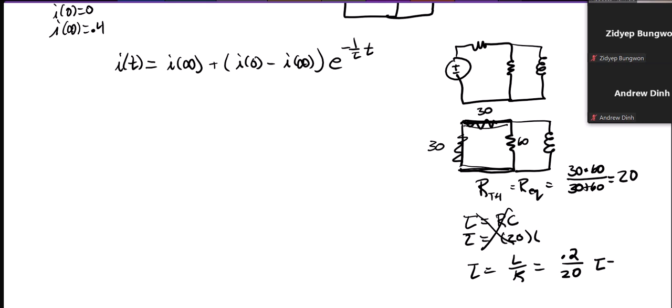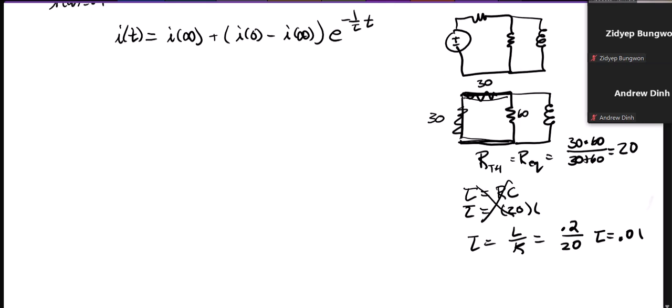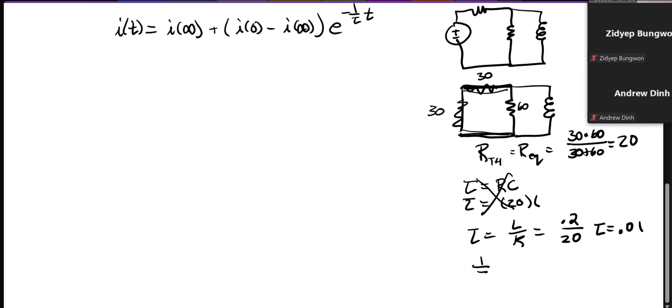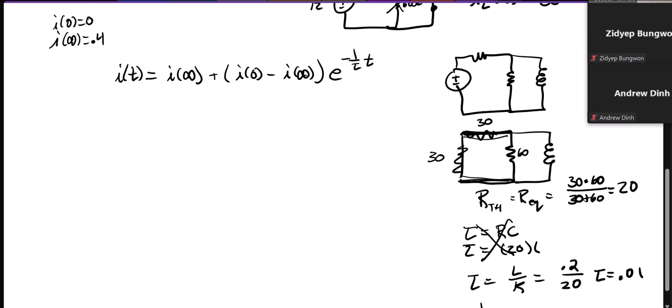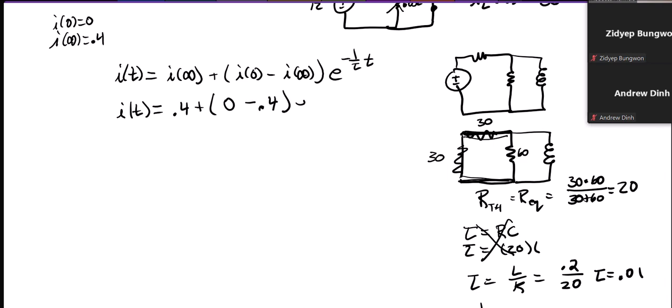So tau is 0.01, and 1 over tau is 100. So now I just plug in up here. I of t equals I at infinity, which was 0.4, plus I at 0, which was 0, minus 0.4, e to the minus 100 t, or 0.4 minus 0.4 e to the minus 100 t.